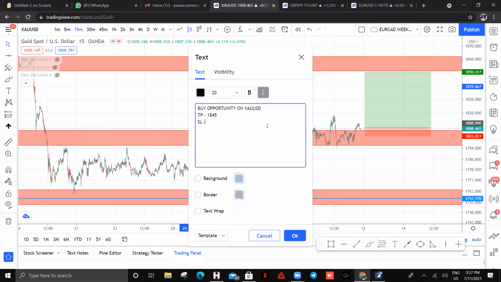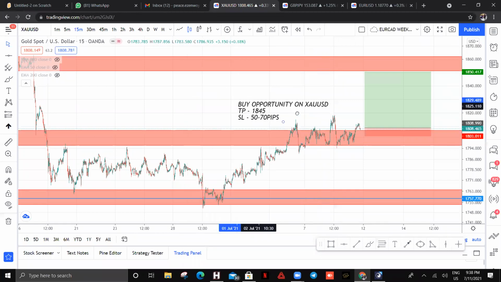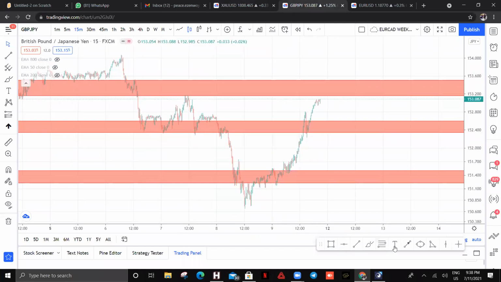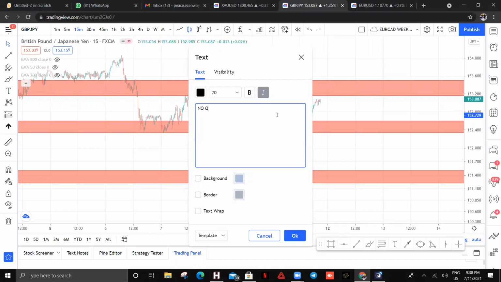SL, you determine that, 50 to 70 pips, depending on how much you can lose. Okay, that's for gold. GJ, no opportunity. No opportunity yet.